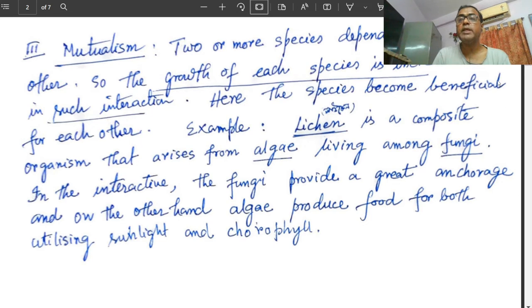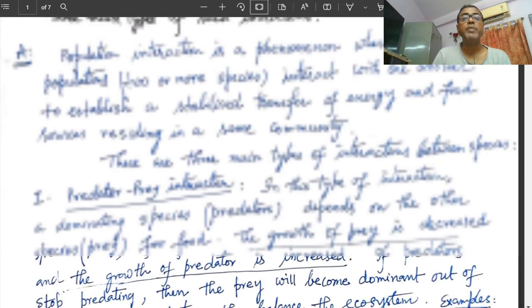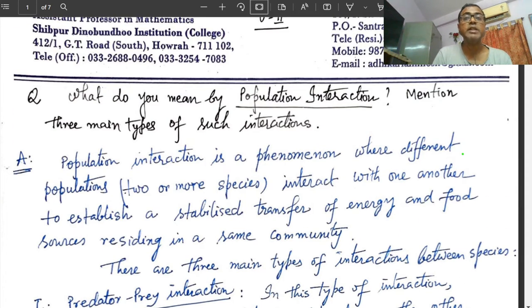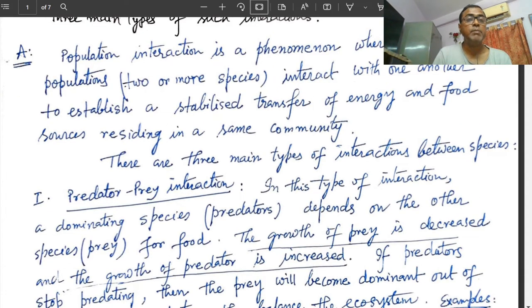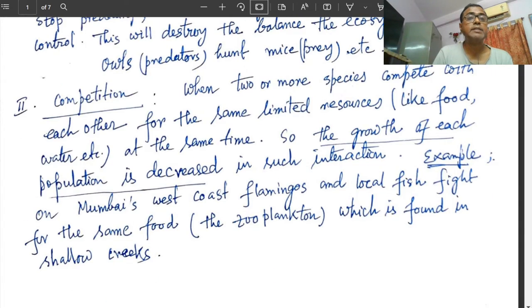So we have heard three types of population interaction. First type is predator-prey, where predators hunt prey for food. Second type, competition, where two or more species compete with each other for the same limited resources like food and water.